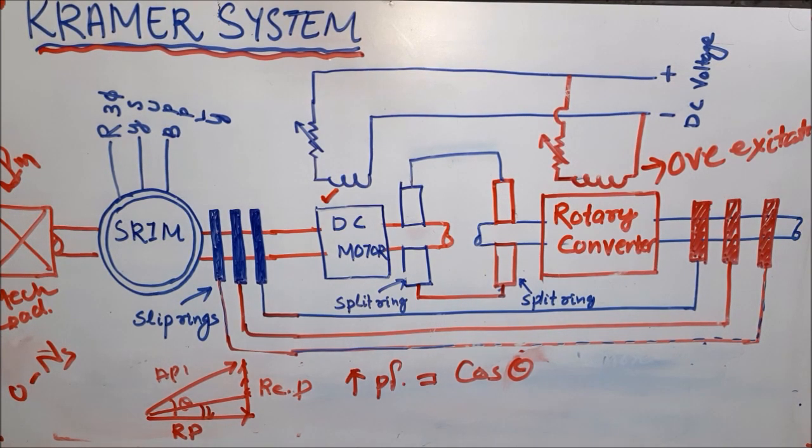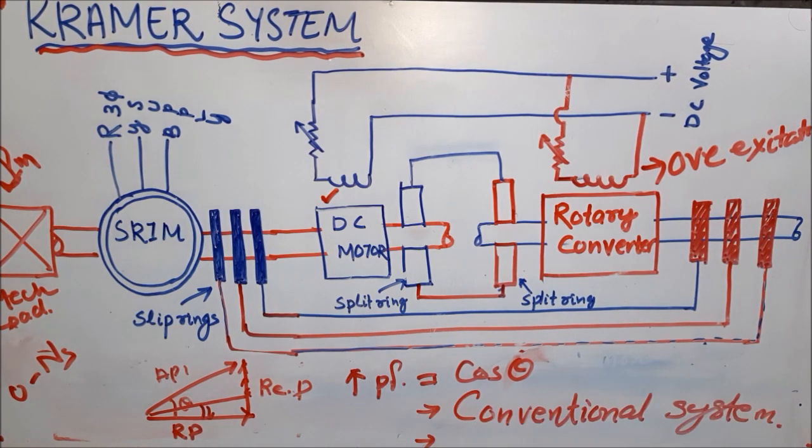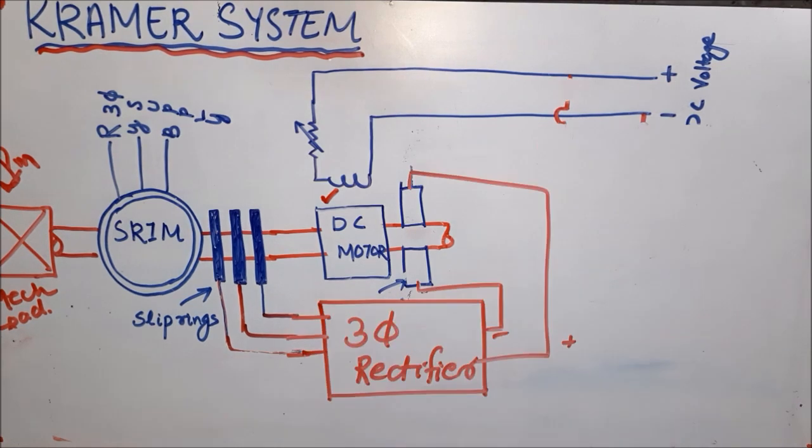As this system consists of all these machines, we can say this is the conventional system. By redesigning it, we get the modification of the Cramer system, or modified Cramer system. Here we eliminate the rotary converter.